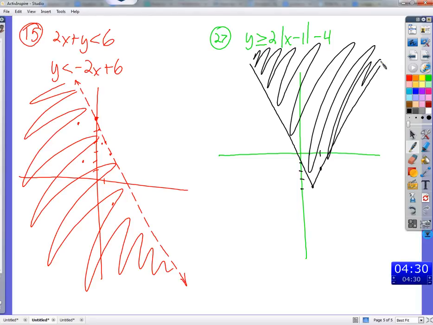So now if I threw the graph of a line at you, or absolute value, or if we were doing a parabola, which we haven't done yet in this class, or whatever kind of graph, but I made it an inequality, you would just say, well, is y going to be less than the values on the graph, or is it going to be greater than, and you shade above it or below it?